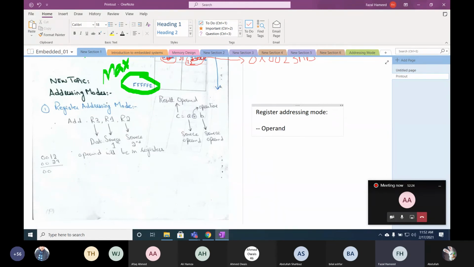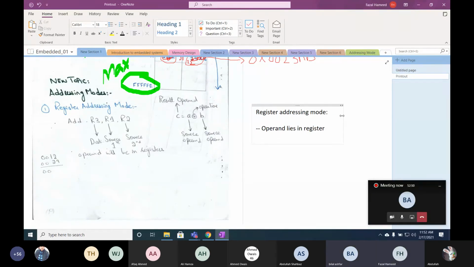The operand lies in memory or register? ये बताएं बेटा. We are studying register addressing mode. So when we are studying register, the operand lies in register. Very good.